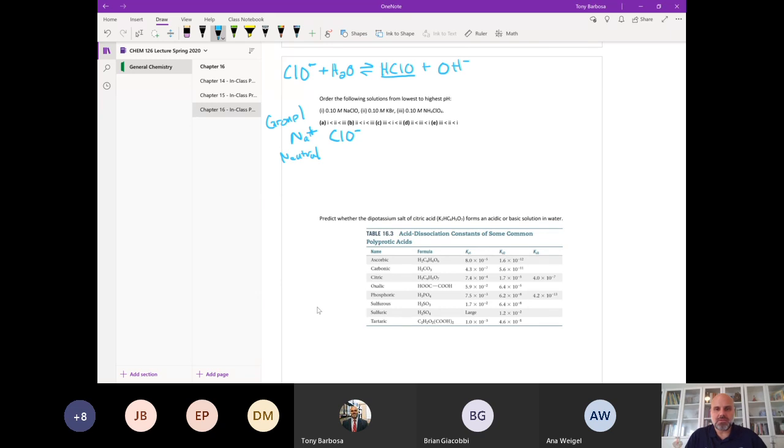We don't have it in the table down below, but if you think back to the table in the PowerPoint slide, this is actually in the weak acid table. So this is a weak acid.